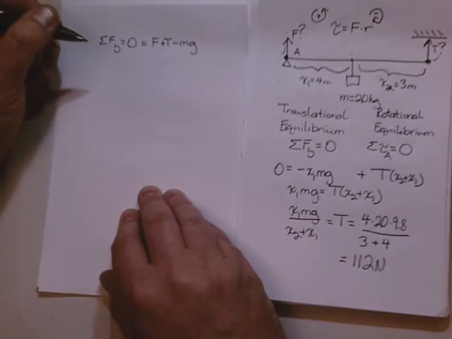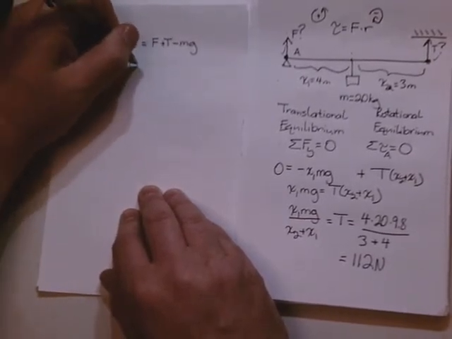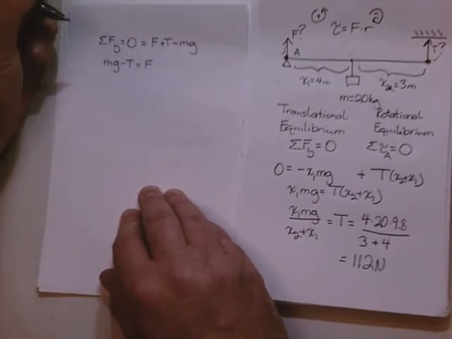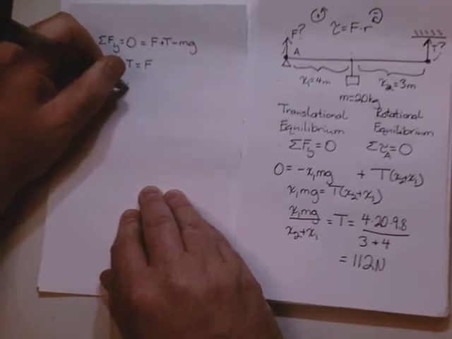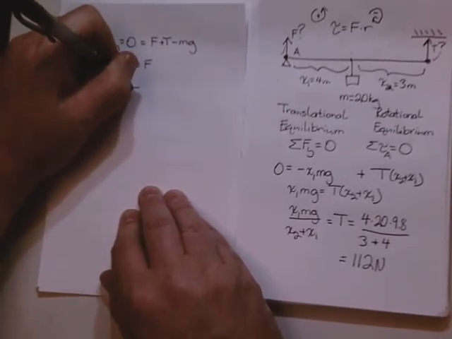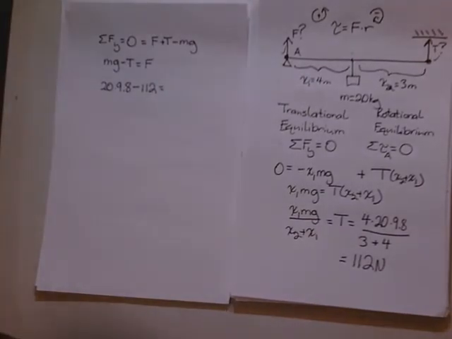I'm looking for F. So mg minus T is equal to F. M is 20, G is 9.8, T is 112, and that gives me 84.